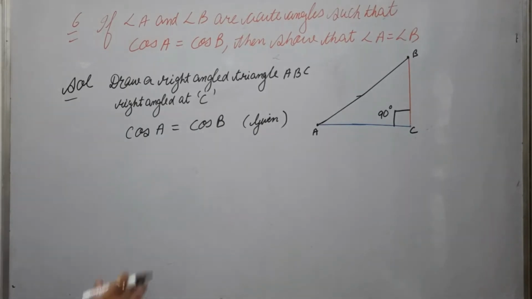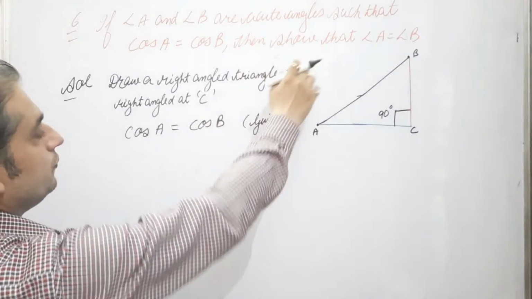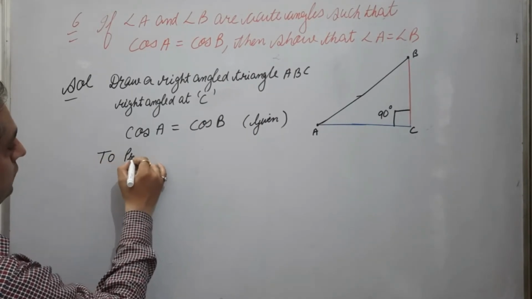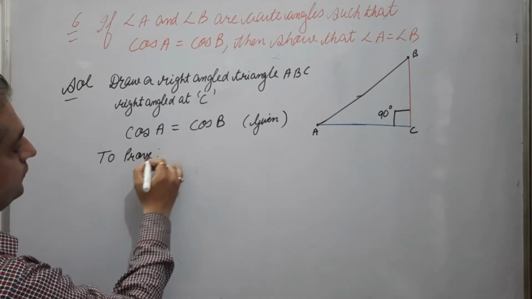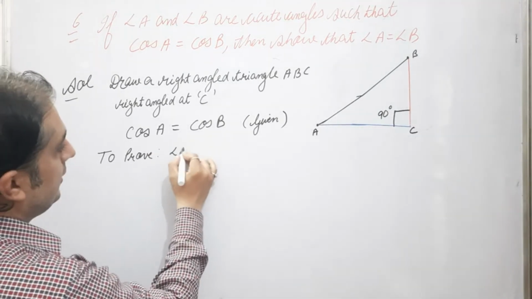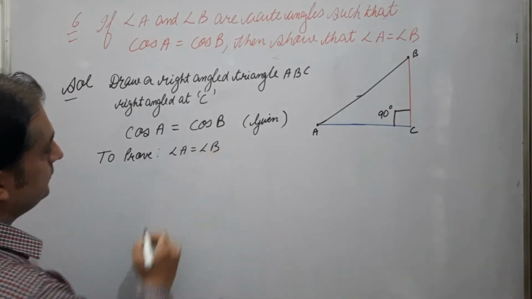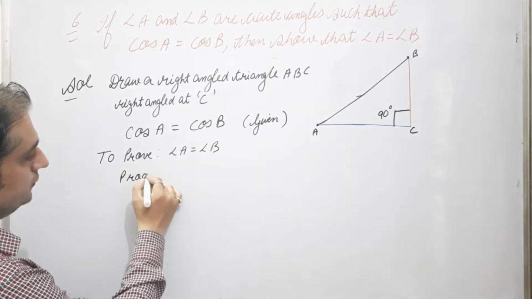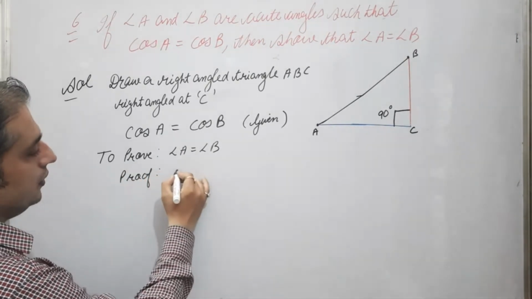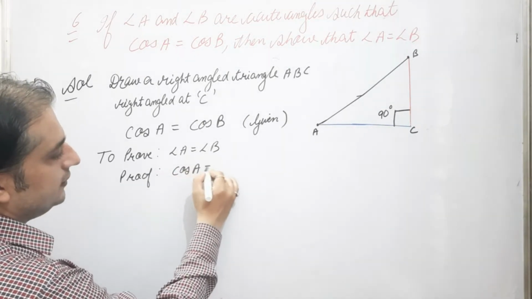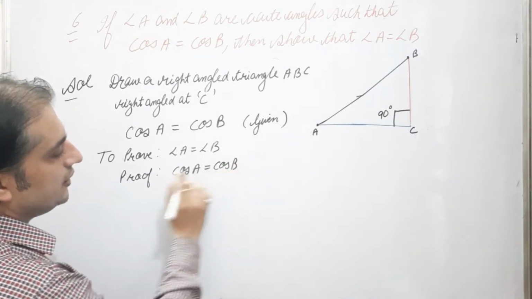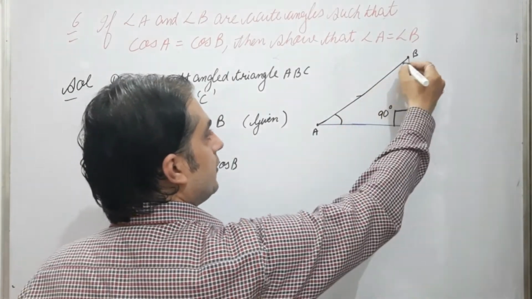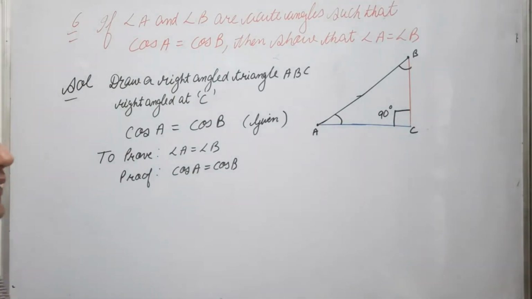You have to prove angle A is equal to angle B, right? So, proof: given is cos A is equal to cos B. The two T ratios are equal, for angle A and for angle B.